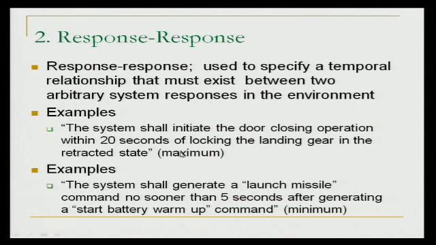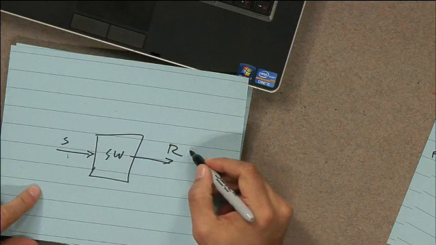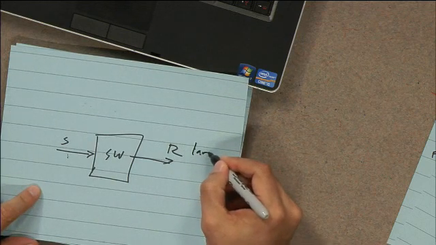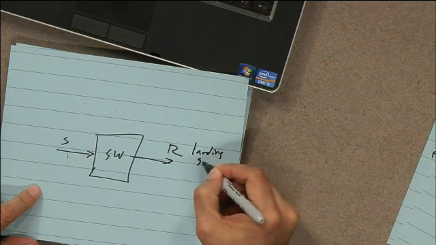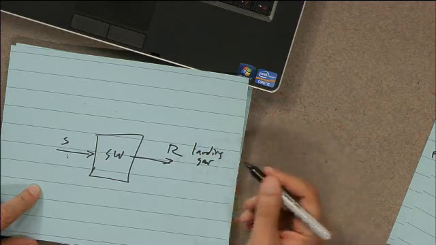So here's an example of a maximum constraint. The system shall initiate this door closing operation within 20 seconds of locking the landing gear in place. So what's the first response? The landing gear. So think of a system where the first output might be a signal to get the landing gear to retract, okay?